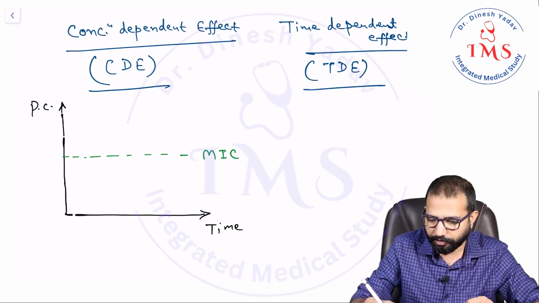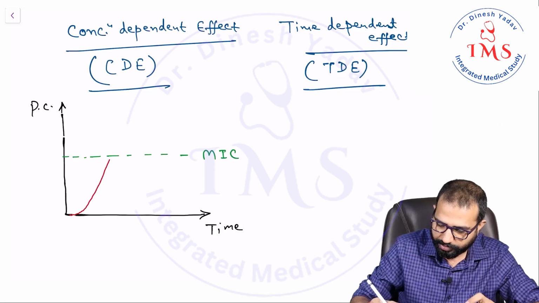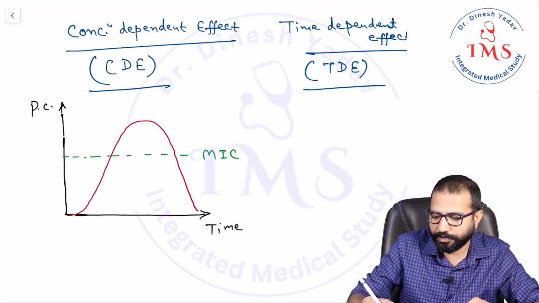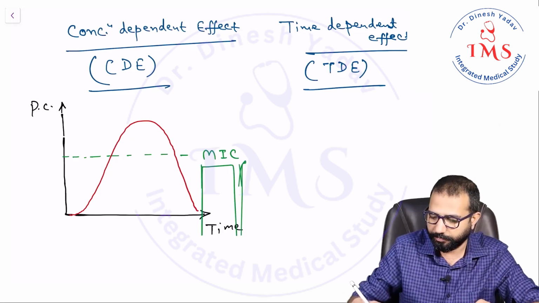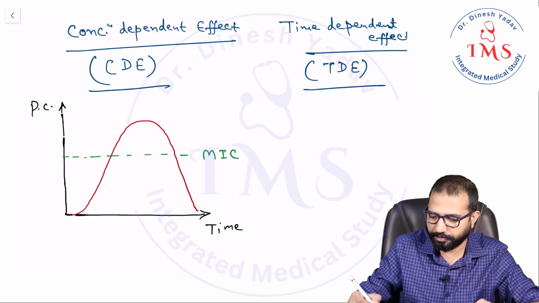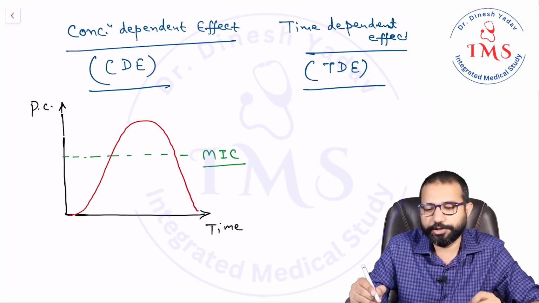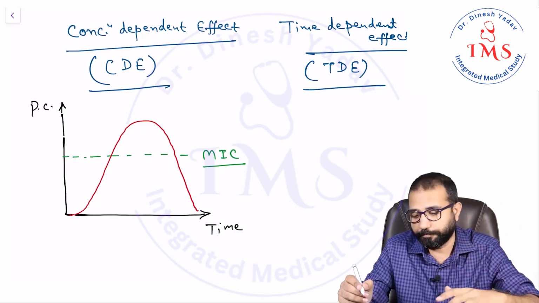When the drug crosses this MIC level, it will show the effect. So MIC level is very important. Above the MIC, it will be effective.